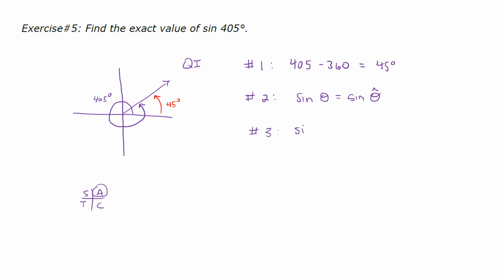So the sine of 405 degrees equals the sine of 45 degrees, and the sine of 45 degrees is the square root of 2 over 2. Thus, the sine of 405 degrees equals the square root of 2 over 2.